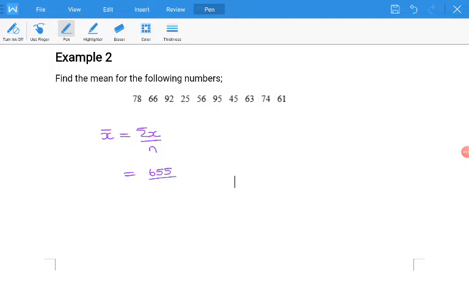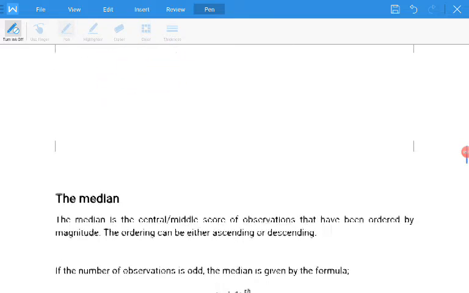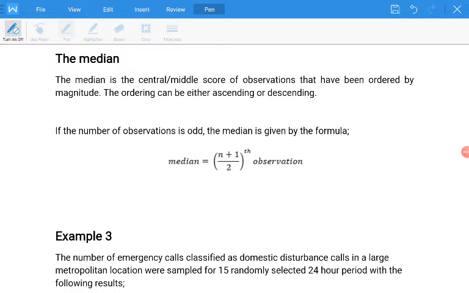All divided by, we have 1, 2, 3, 4, 5, 6, 7, 8, 9, 10. All over 10. So the mean here is 65.5. That's our mean. So that's how we find the mean for ungrouped data.